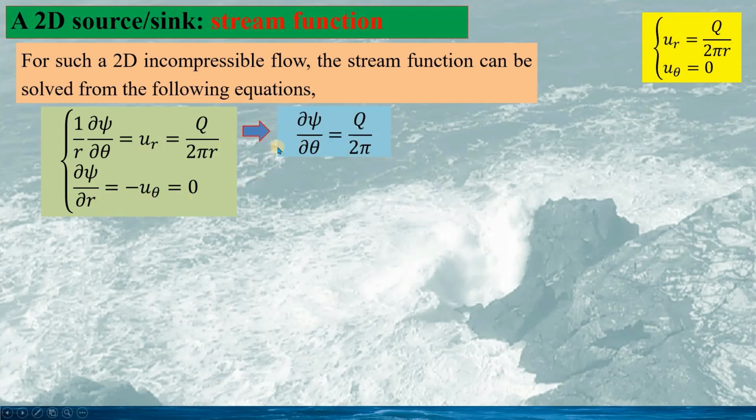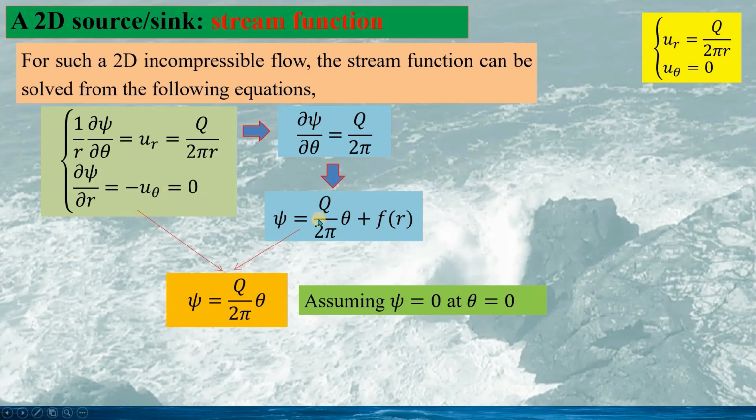From the first equation, we can see the partial differentiation of psi with regard to theta is given as this. So we can integrate, and psi would be given as this, where f(r) is a function only dependent on r.